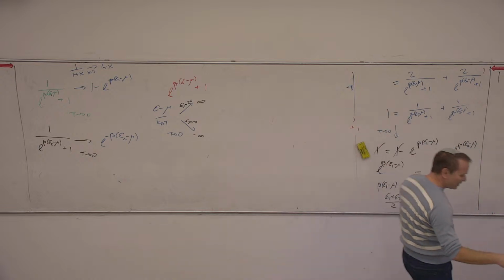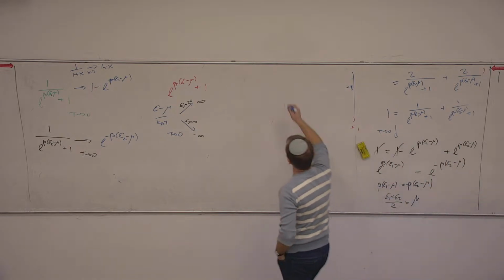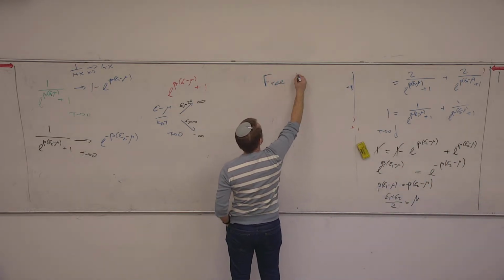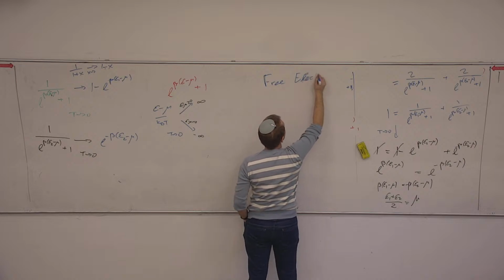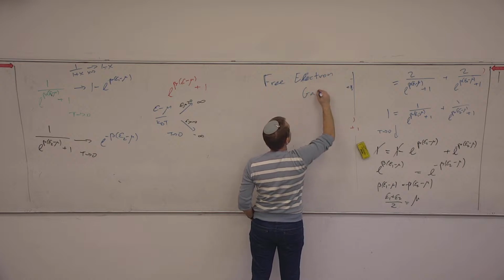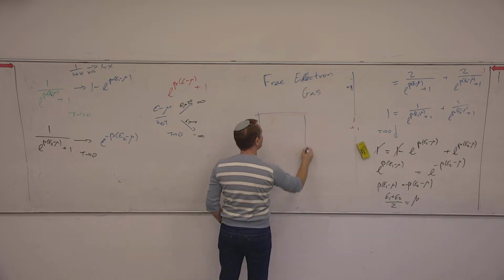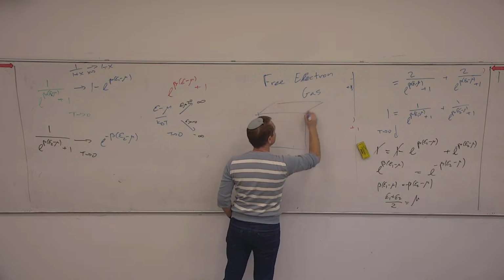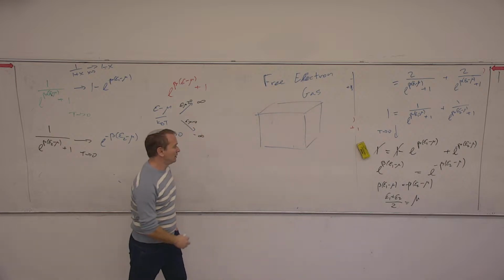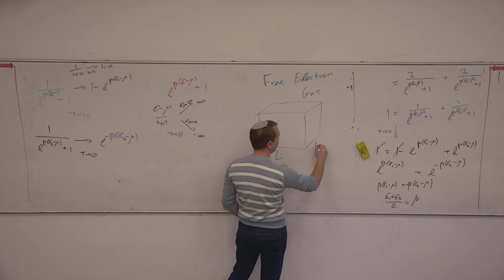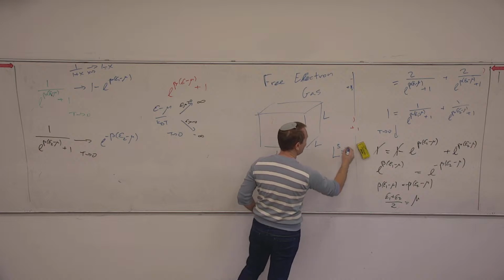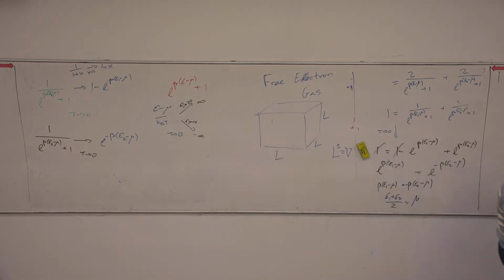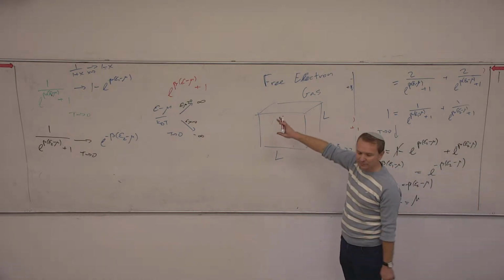Okay. So, free electron gas. Let's assume that I put particles inside a box which is L by L by L. So L to the third power equals the volume of the box. And I assume that all those electrons, so this is my metal, right?